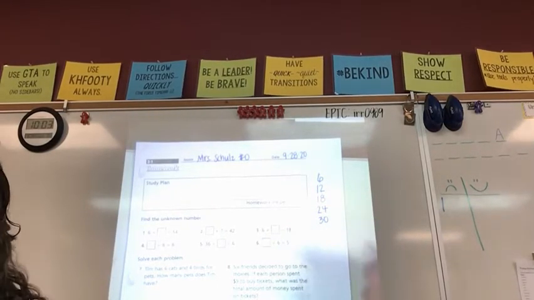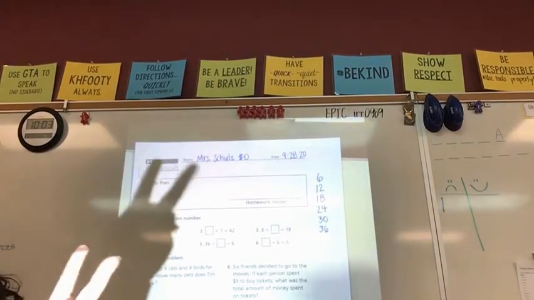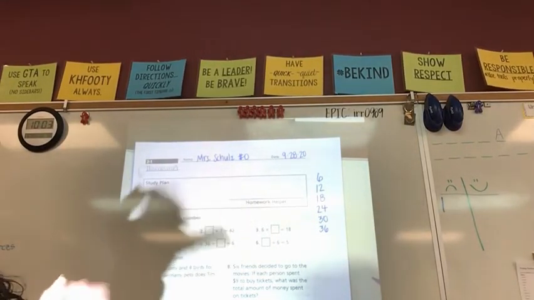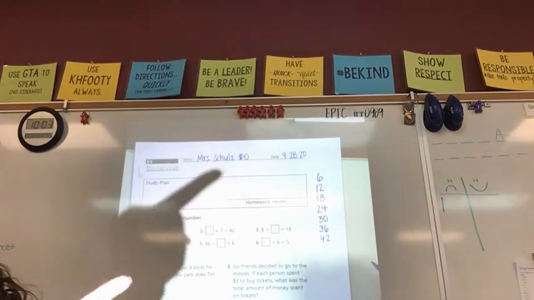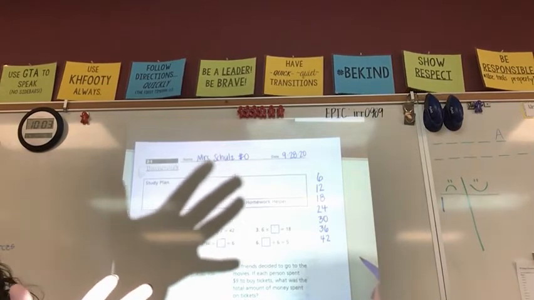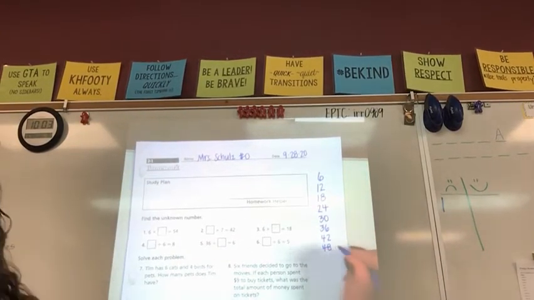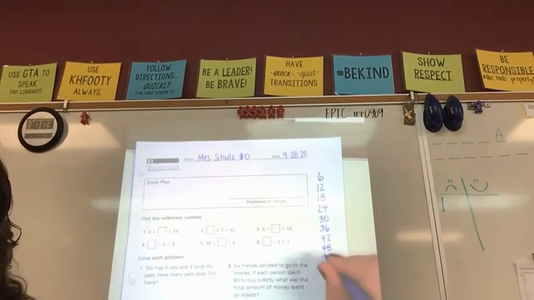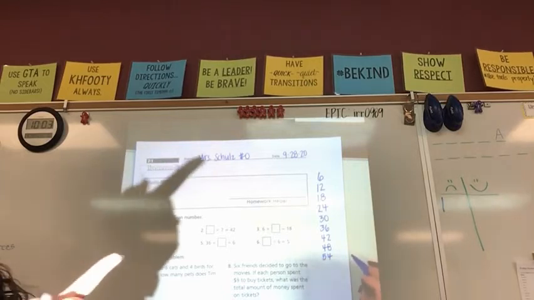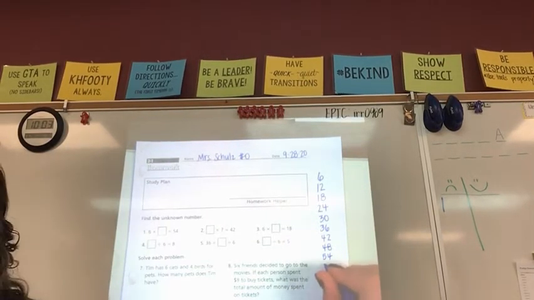I know 30 plus 6 gets me to 36, so I don't have to count one by one. 37, 38, 39, 40, 41, 42, 43, 44, 45, 46, 47, 48, 49, 50, 51, 52, 53, 54, 55, 56, 57, 58, 59, 60.